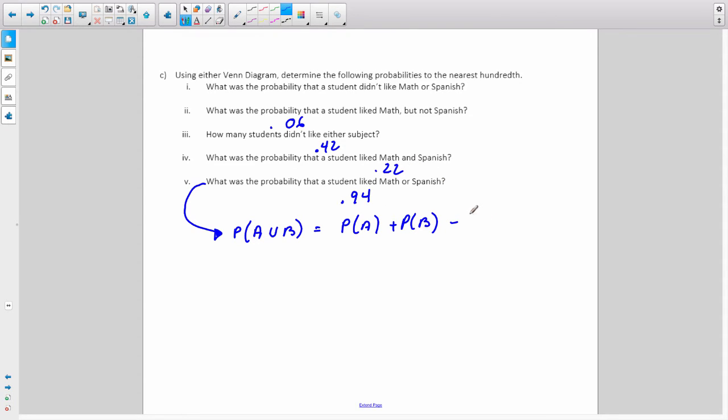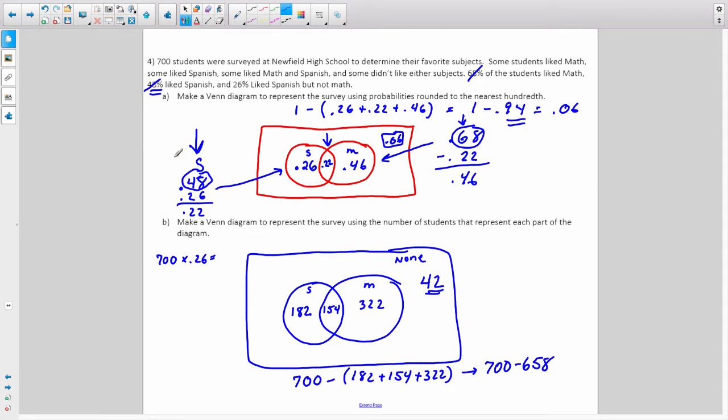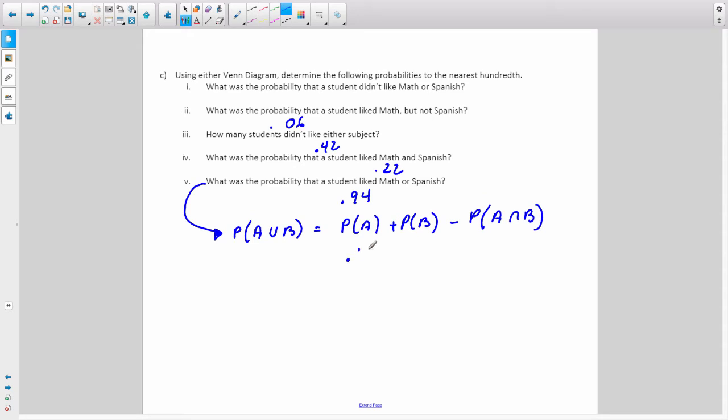So that intersection piece, so we're going to subtract the probability of A intersect B. And if we go back to the Venn, the probability of Spanish was 48. Probability of math was 68. So we would say this: 0.48 plus 0.68. But let's not double count the people in the middle, because the people in the middle who were math and Spanish, well, they've already been counted in these math or Spanish percentages, and you'll still get the same 94.